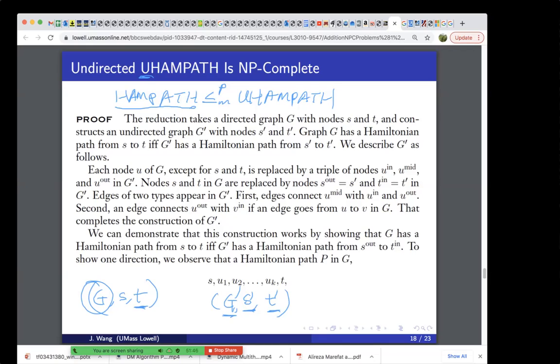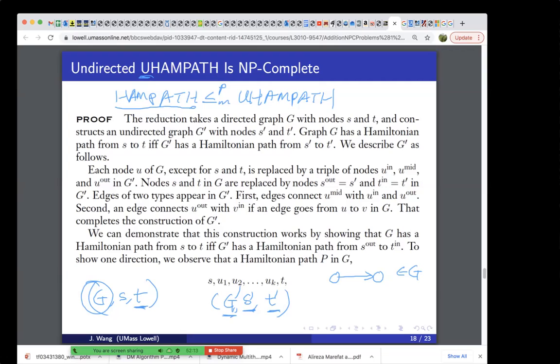So the idea is easier in this reduction, because what we are going to start with is, for each directed edge in G, we are going to use an undirected graph to represent this edge.